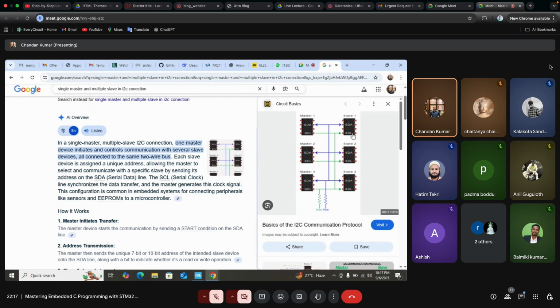Similarly, if this master wants to communicate with slave 2, then this clock will connect with slave 2 and it will make its clock pulses low. Whenever master wants to initiate transmission, the clock pin will get low.